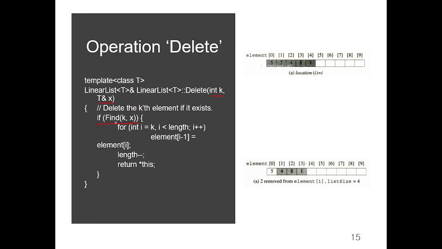So if this is true, then this code will be executed. So assuming that the element exists, find would return true and then we would enter this loop.